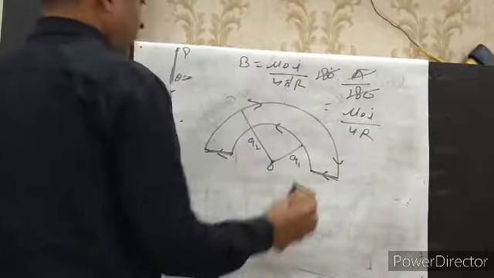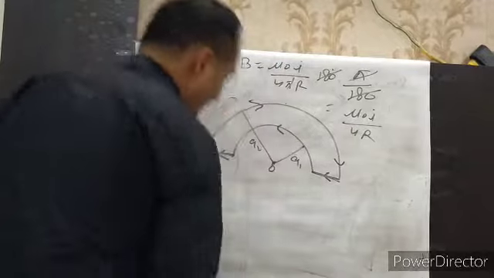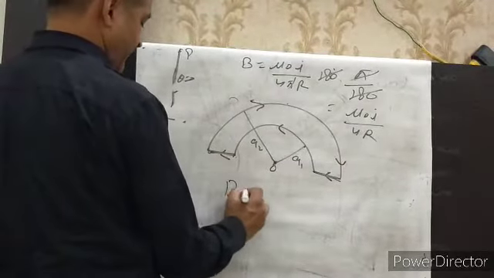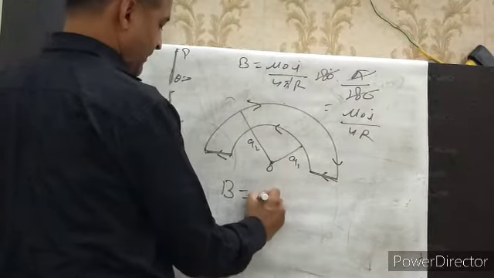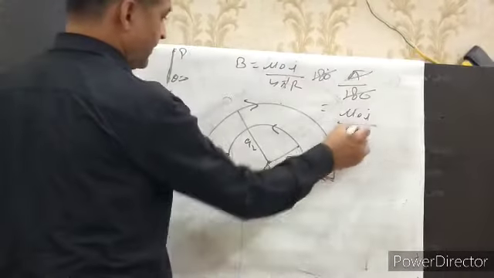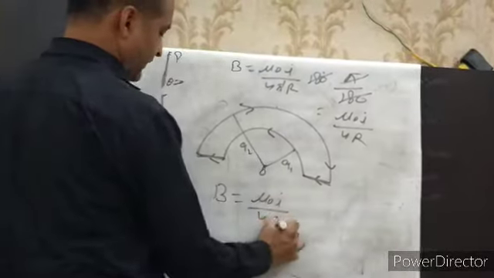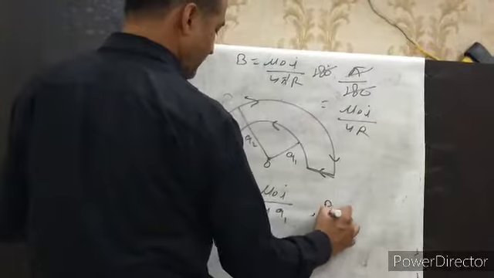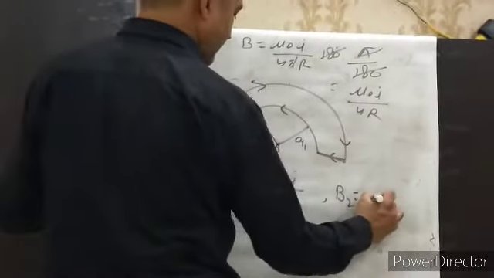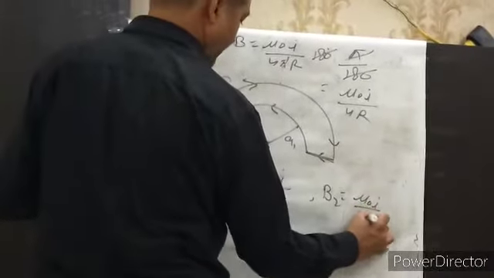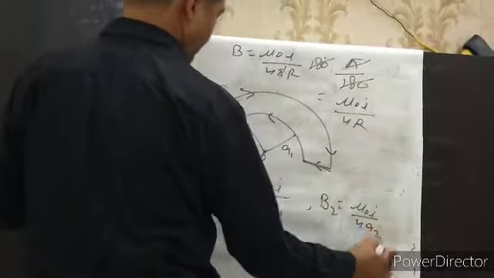Then due to the smaller loop, the magnetic field B1 is mu naught I by 4a1. The magnetic field due to the bigger loop, B2, is mu naught I by 4a2, because only the radius is different and the current is the same. Clear?